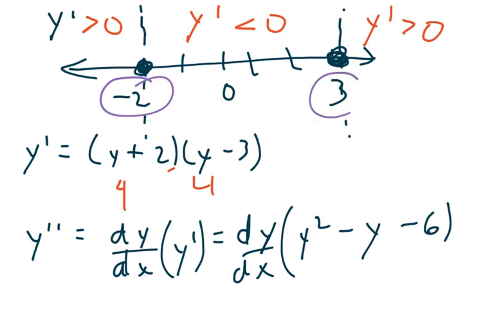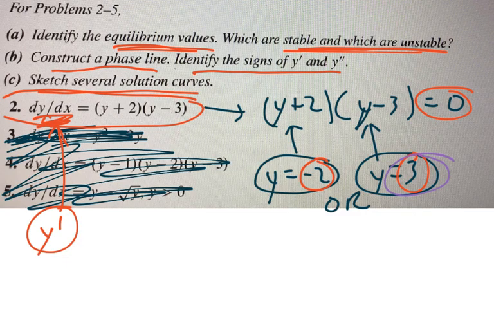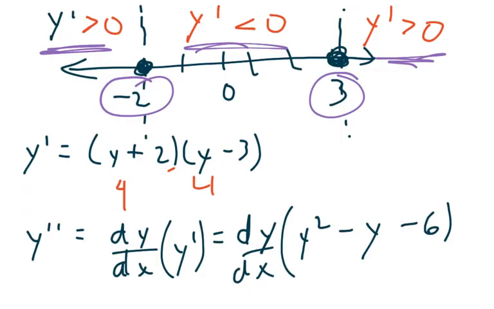So we came up with -2 and 3, right? And so now what we need to do is figure out what it's doing in the 3 sections here. Since we have 2 solutions, we know there's left, middle, and right of those values. These are our equilibrium values.